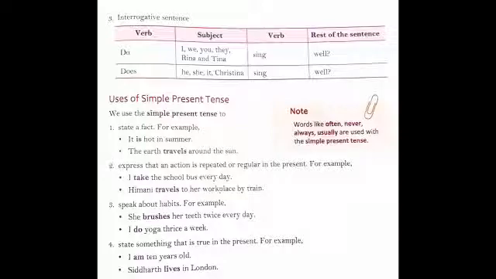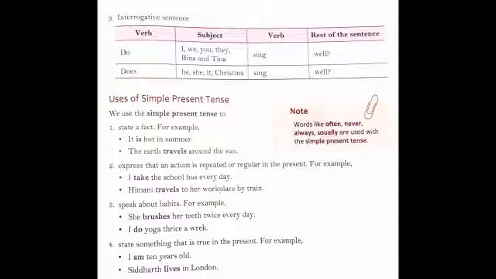How can we use the simple present tense in our sentences? We use the simple present tense to state a fact, which is a truth. For example, it is hot in summer. This is a fact that in summer it is automatically hot. Here is is your helping verb.